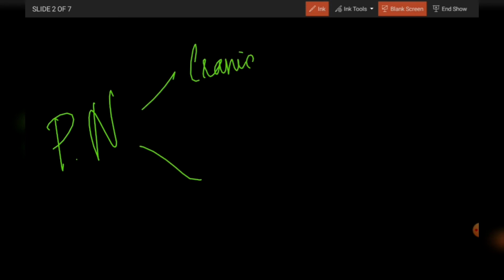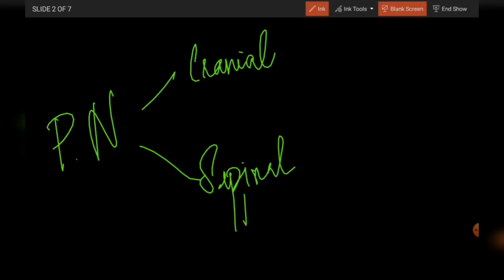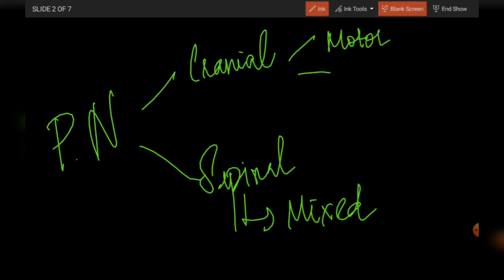Next, our peripheral neurons can be either cranial nerves or spinal nerves. Spinal nerves are mixed nerves, that is they have both motor and sensory root, whereas cranial nerves can be either motor or sensory, or it can be mixed.